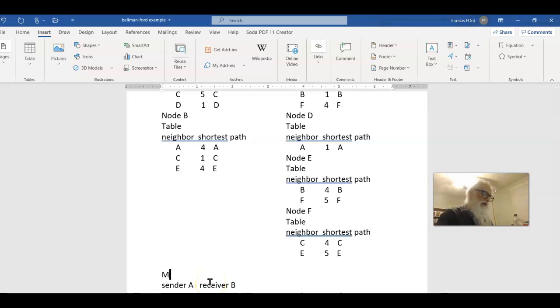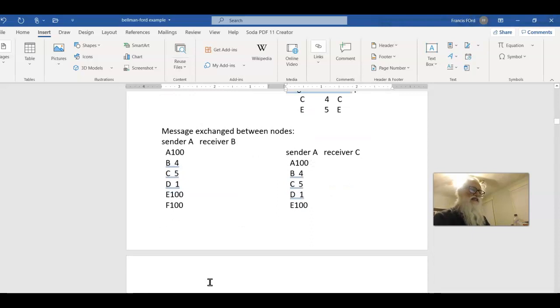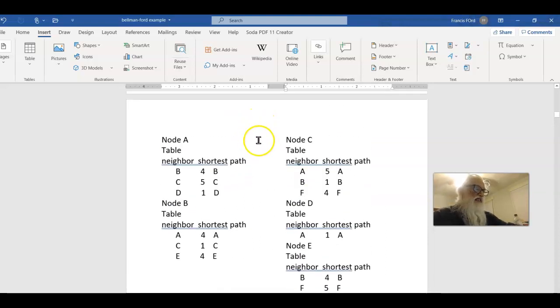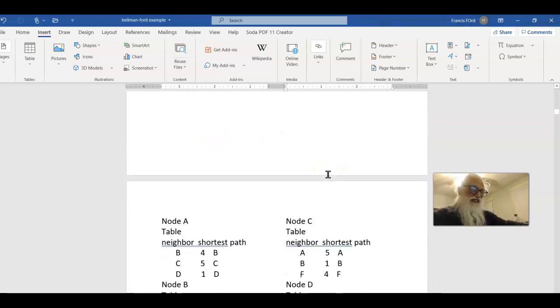This is the messages exchanged between nodes. So in each case, I have who the sender is, who the receiver is, and what is sent. So A tells B, and I put 100 in instead of 0, which is what I think I put up here. I put 100 because it made it easier. It worked better.